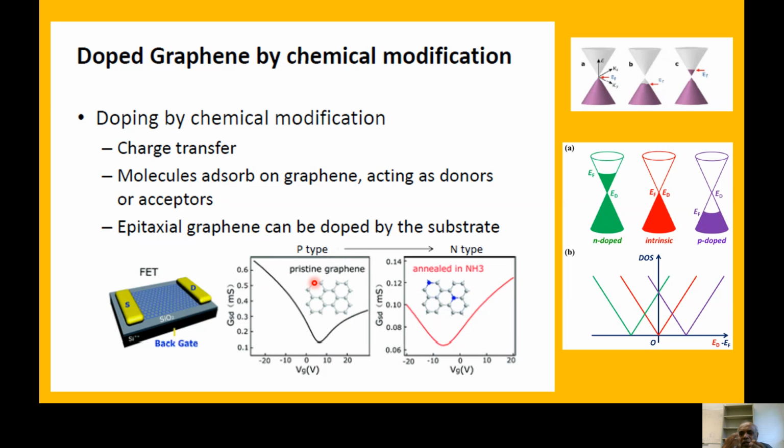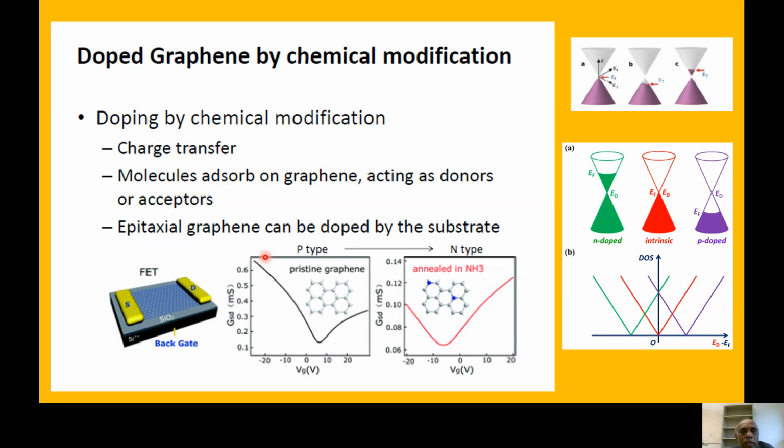I think that's because it already gets p-type doping from the oxygen and moisture in the atmosphere, which you cannot avoid, right? Once you make graphene and take it out, it's always exposed to air. Air has oxygen and moisture. Oxygen, we know, is an electron acceptor, so it will take electrons from the graphene, making it p-type.